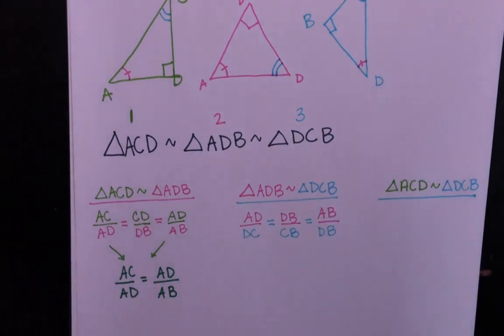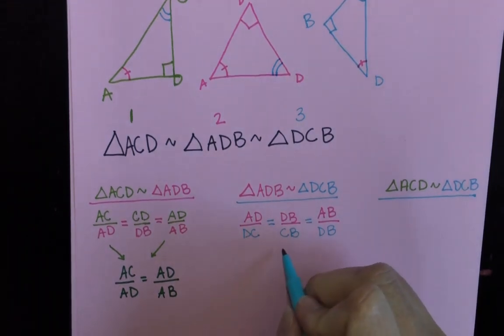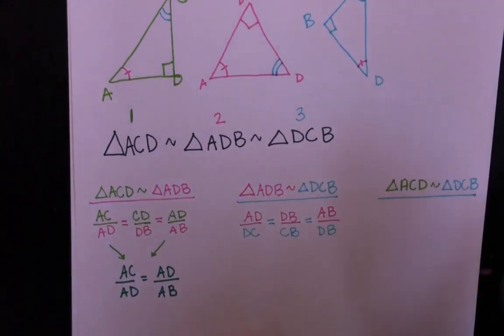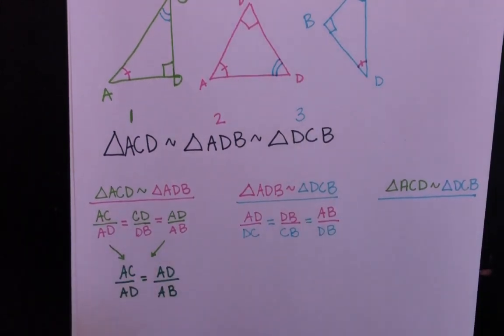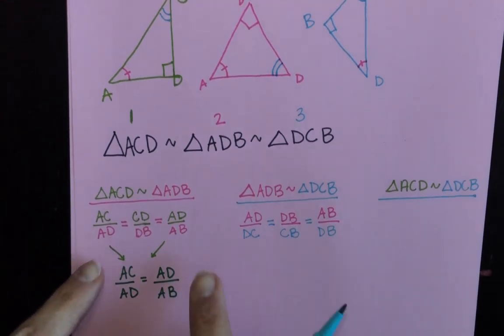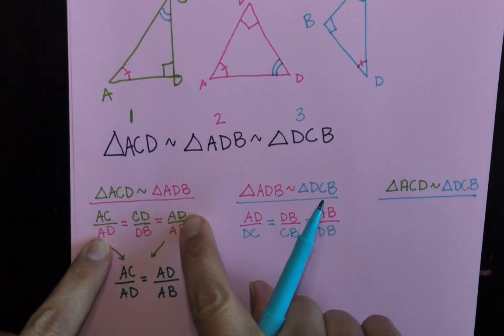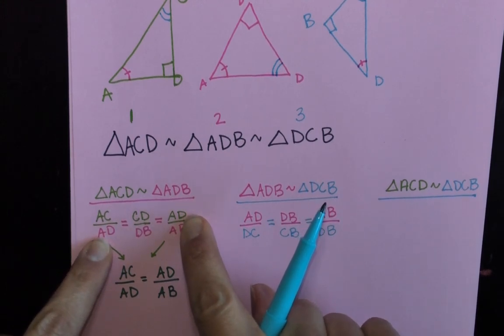All right, nobody? I see B. Good. Now, what segments do I see duplicated? Do I see anything else duplicated? Any segments? Over here, we saw AD was duplicated.